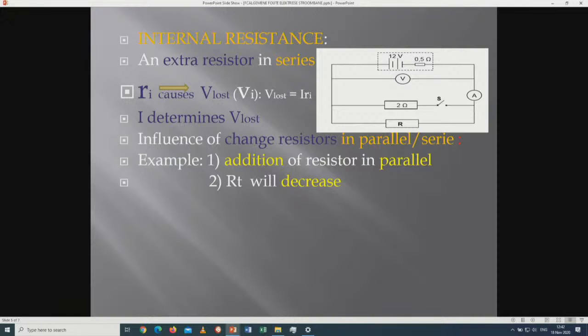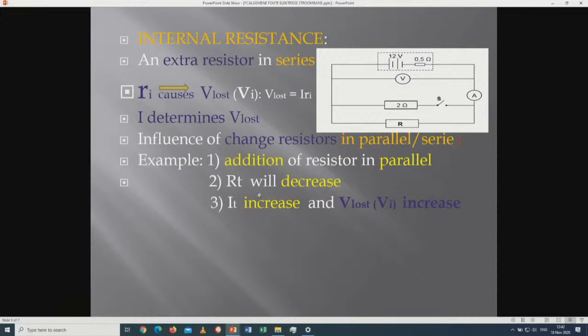So it's working both ways. So have a look at the question. It can be vice versa. It can be not addition, but that you disconnect a resistor in parallel by means of a switch, and then R total will increase.